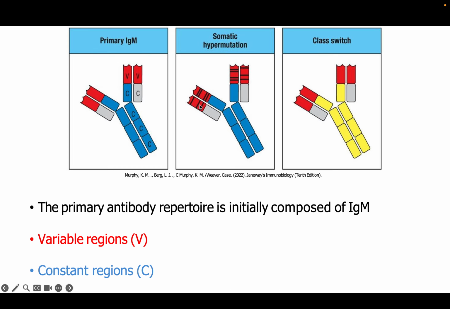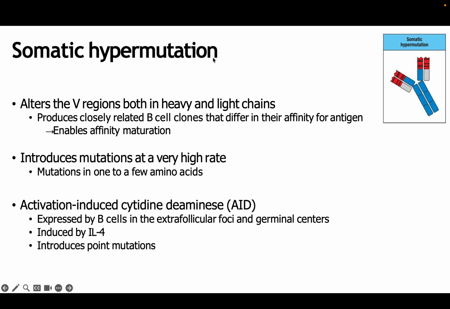But also, the CDRs in your variable regions, both in your heavy chain and your light chain, go through an additional round of diversification, something we call somatic hypermutation. I'll talk about both of these. When it comes to somatic hypermutation, we now have antibodies that are able to bind to your antigen.